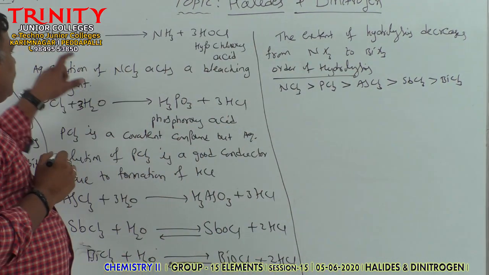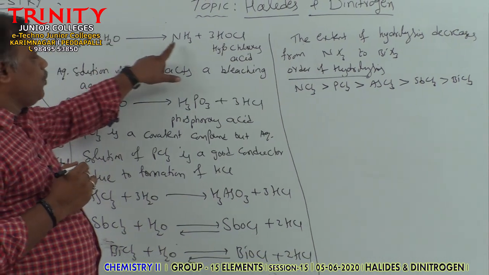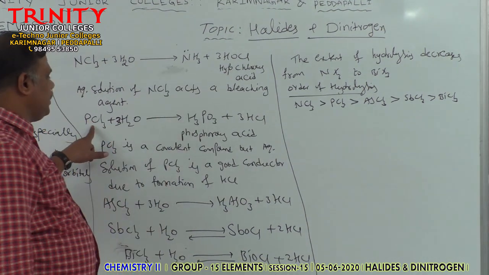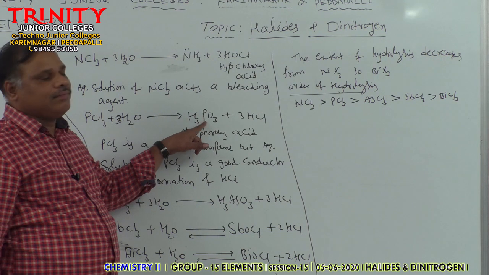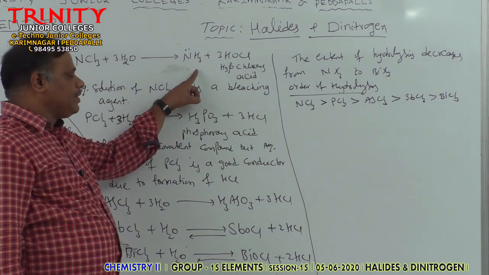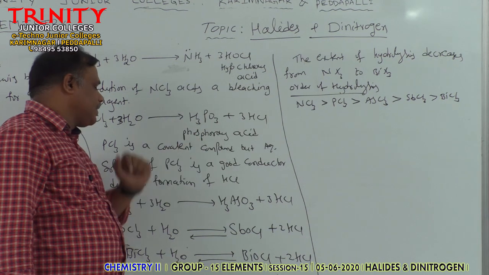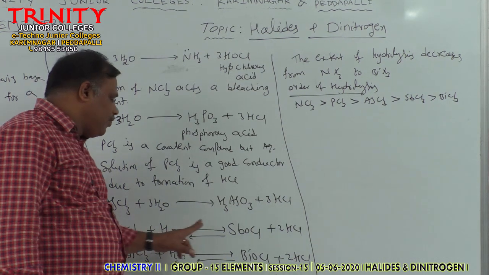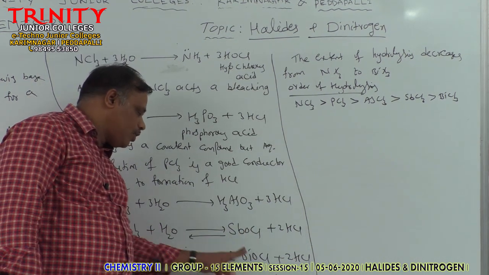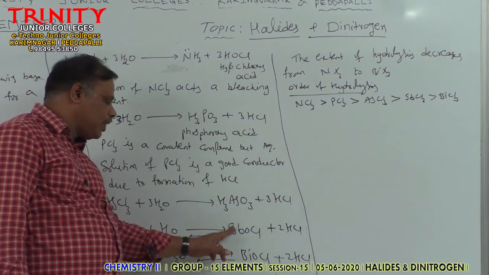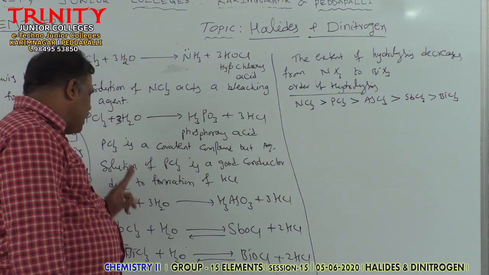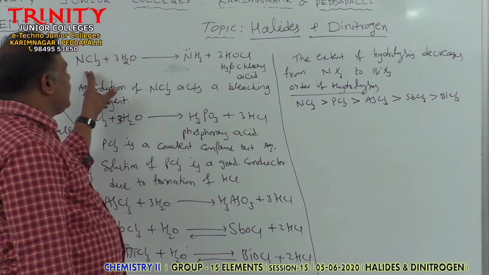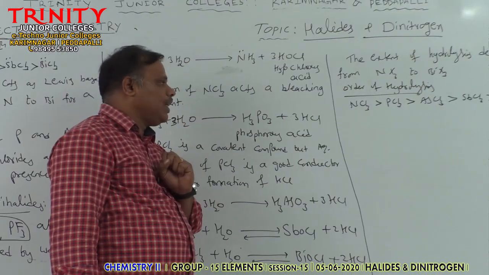Observe that NCl3 is hydrolyzed to a base, NH3, and PCl3 is hydrolyzed to an acid. The remaining AsCl3 also hydrolyzes to acid, while SbCl3 and BiCl3 form oxochlorides. Phosphorus and arsenic form acids, phosphorous acid and arsenious acid, and NCl3 forms NH3 and HOCl.